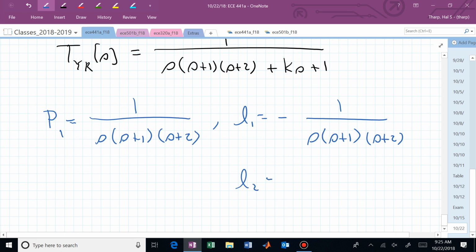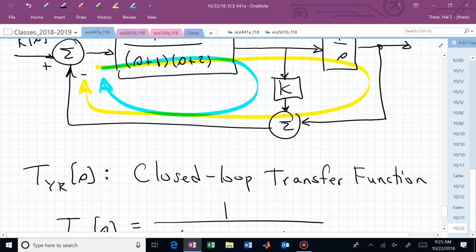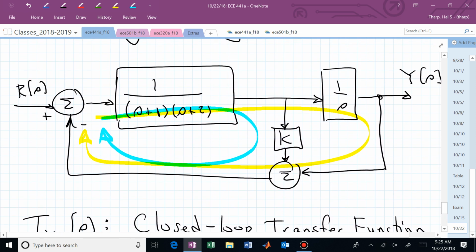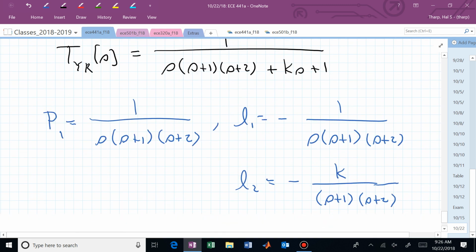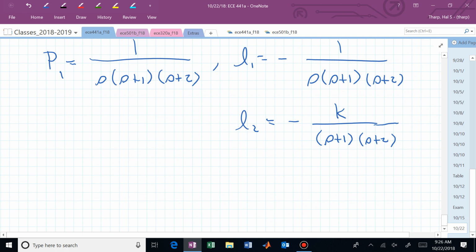And loop 2 is minus k over s plus 1, s plus 2. We okay with those paths and loops? Do we have any other loops? No. So now we can start creating our transfer function.